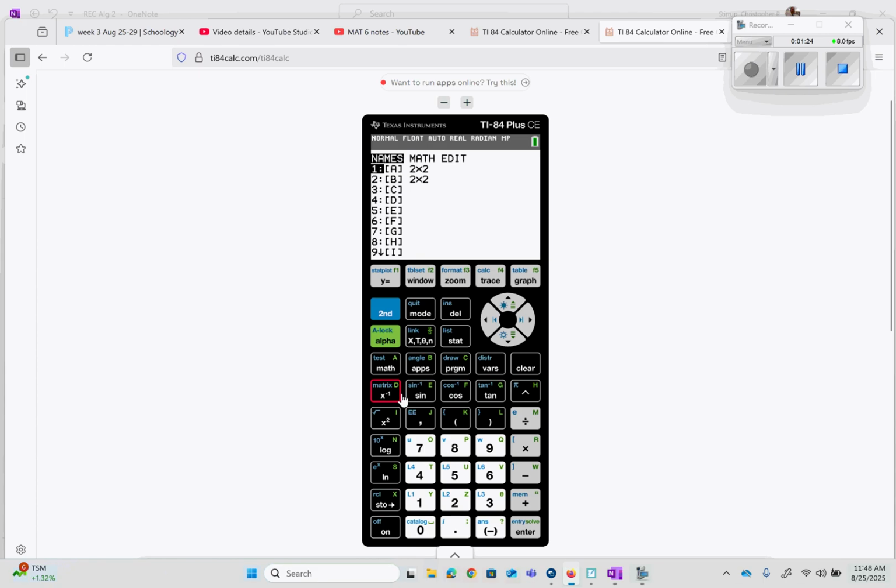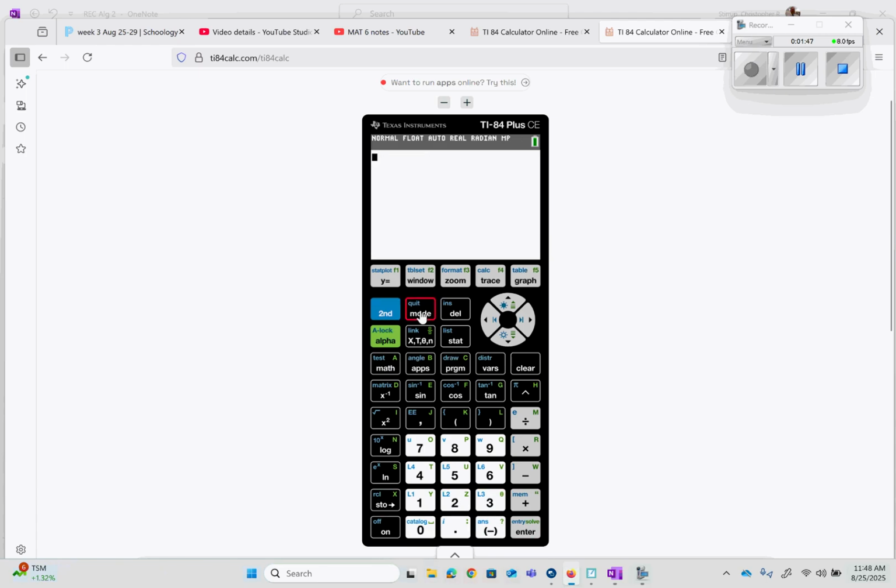Back into matrix, and let's take a look at edit matrix C. It's a 1 by 2. So it's 2 and -2. Quit out of that.